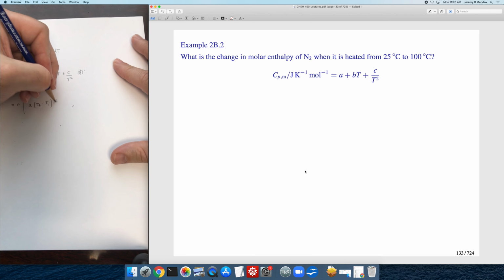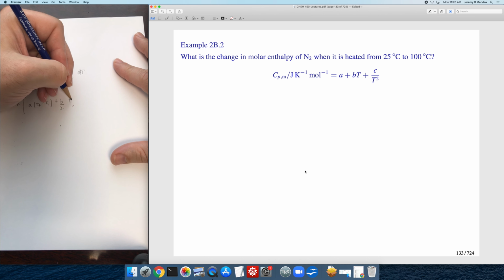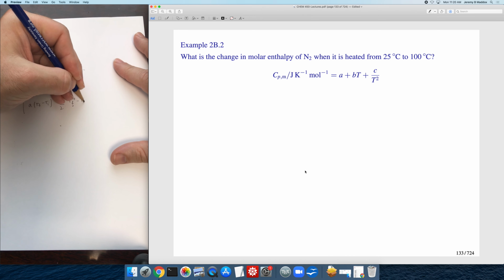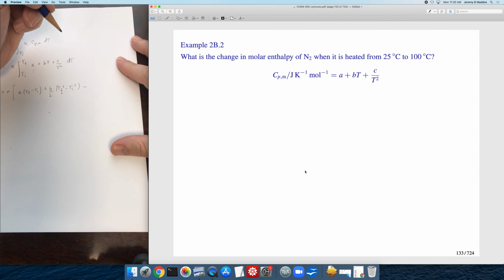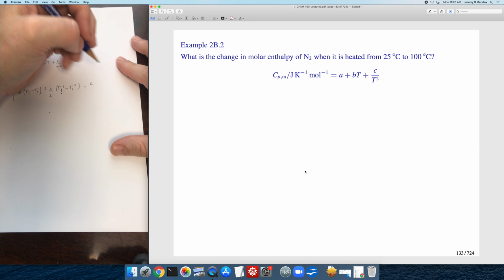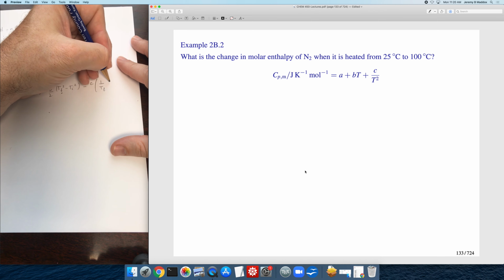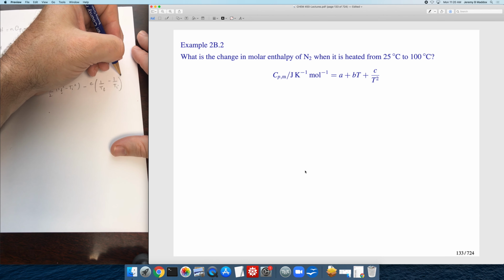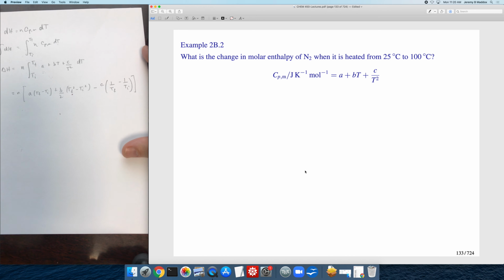The second term is going to give you B over 2 times Tf squared minus Ti squared. And then the third term, negative C times 1 over Tf minus 1 over Ti. So that's the integrated expression.